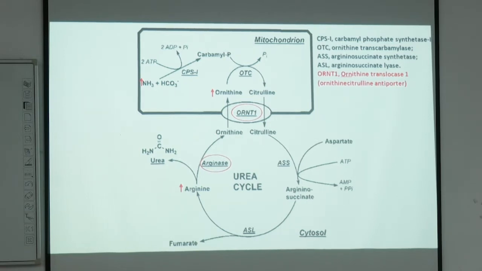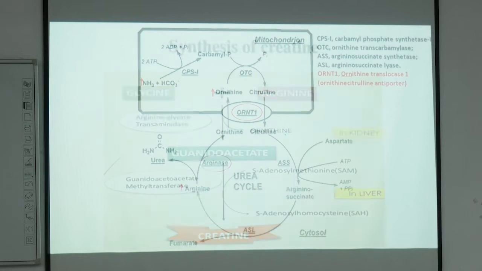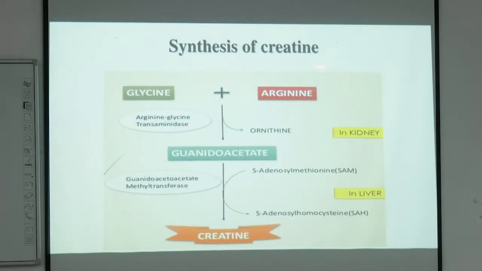And we have already seen that if there is deficiency of the enzyme arginase, arginine will increase in the plasma. So here is the synthesis of creatine. First, glycine is combining with arginine. The first step produces guanidoacetate.